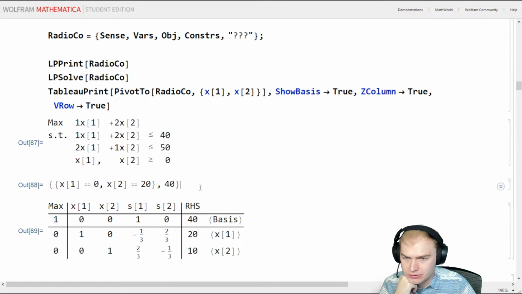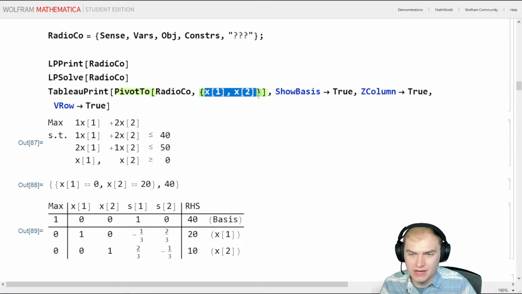Well, correction. We might be in a degenerate basis. So x1, x2 is the basis that the tableau is in. We notice that it has the same objective function value.